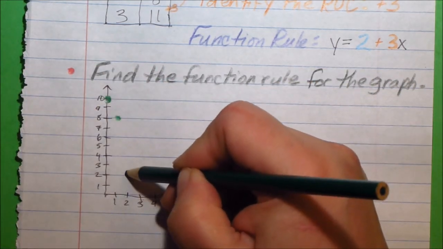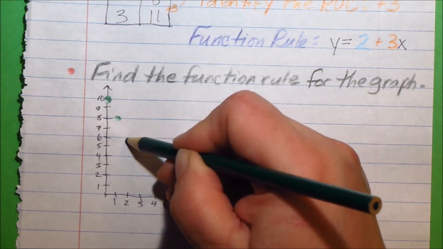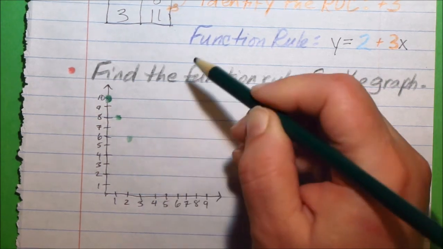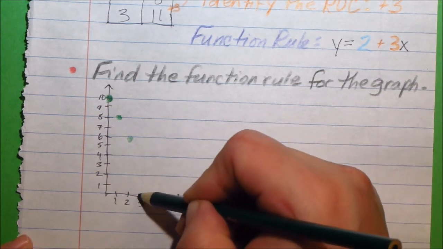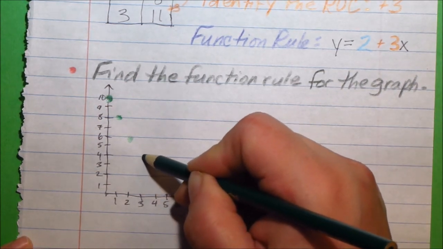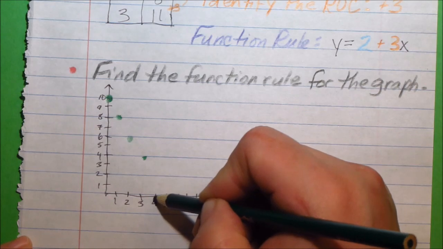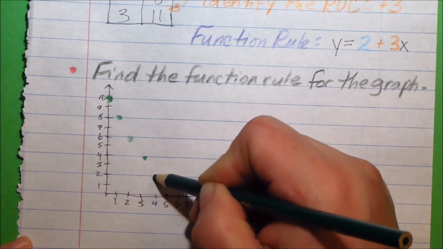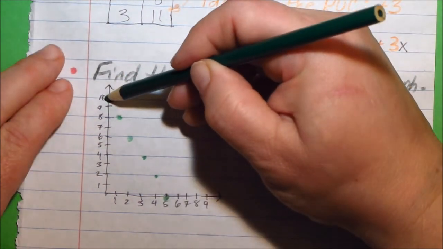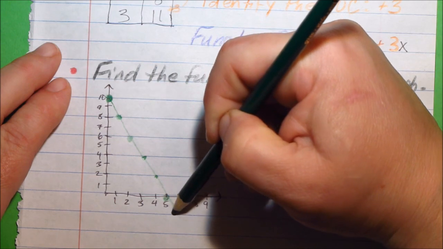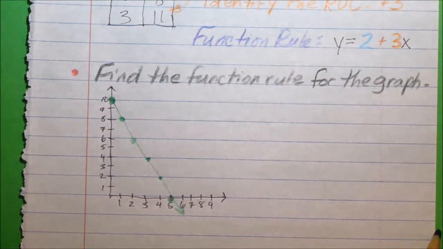And the next one is going to be at 3 and 4. Then 4 and 2, and then 5 and 0. All right, so my line is a straight line, not bad actually, going down that way.